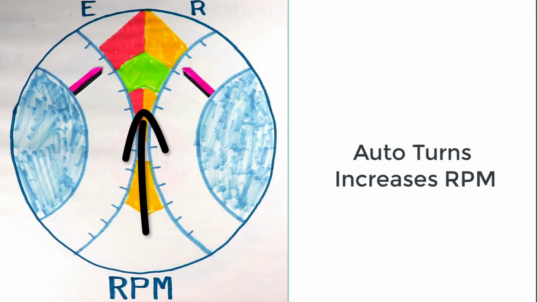Any turns that you make during an autorotative descent, RPM is going to increase. And if there are any wind gusts, your RPM can increase or decrease depending on how the wind is interacting with the rotor system. So with that, that's autorotative descents and the 3 regions of the rotor disc, and we'll see you in the next video.